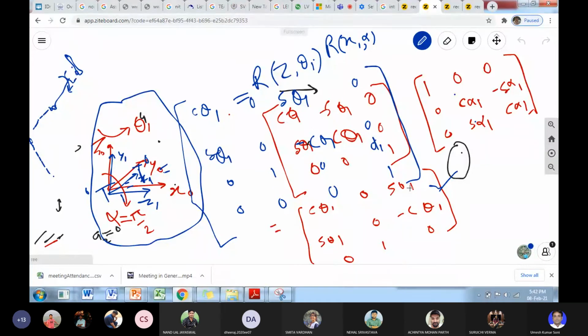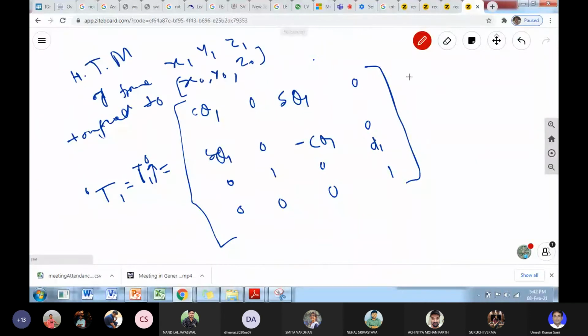Now you multiply this, then you will get another transformation, that is c theta 2, 0, s theta 2, 0, s theta 2, minus c theta 2.